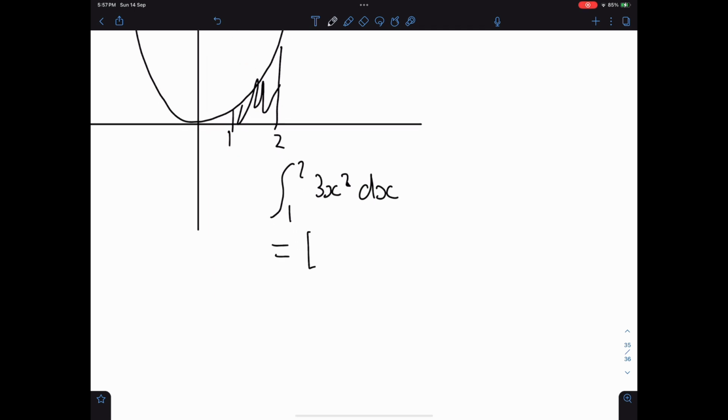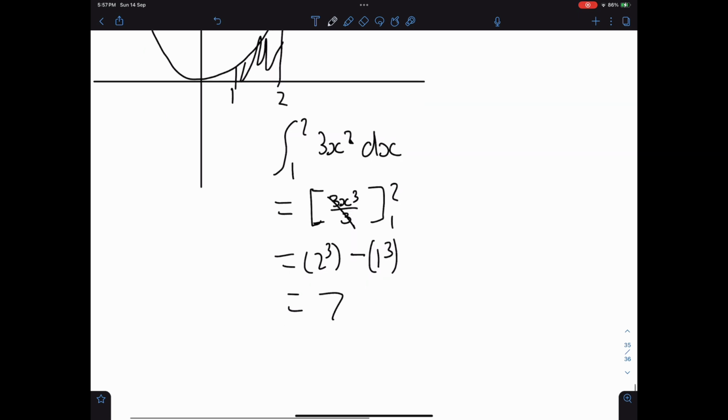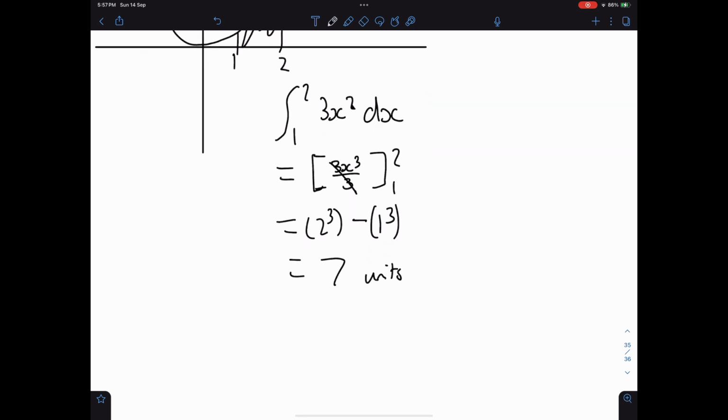And how we'd write that is, we'd apply our power rule but put it inside some square brackets. And then we'd go 2 cubed, because that cancels out. 2 cubed minus 1 cubed. And that gives us 8 minus 1, which is 7. So that area would be 7 units squared.